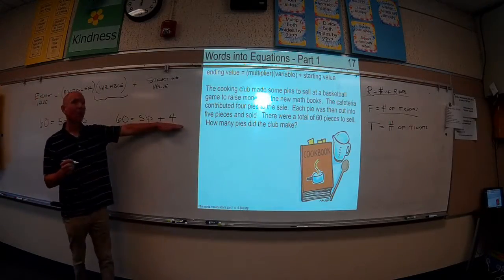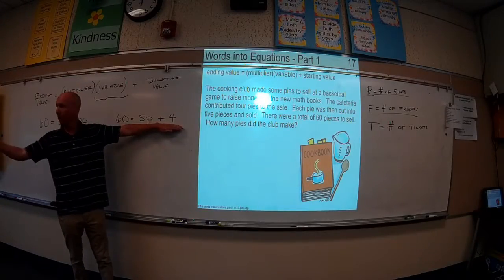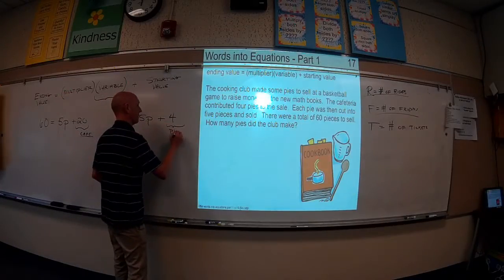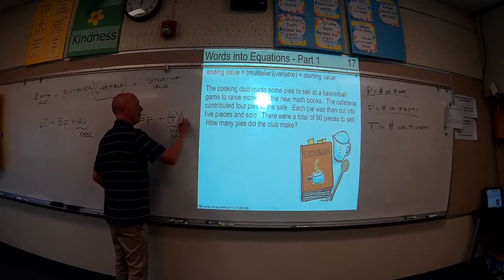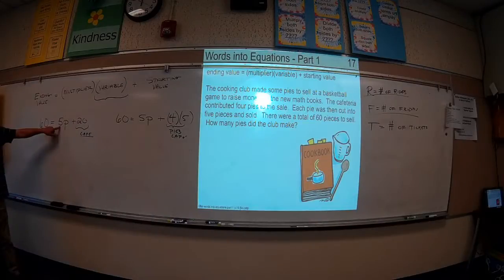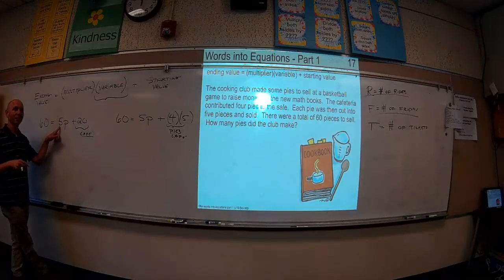This one right here, what would this represent? Even though this equation is incorrect, what does this represent? The number of pies. This is the pies from the cafeteria, which I need to multiply by 5 to turn into pieces. What does this 5 represent? The number of pieces of pie that you can get from your club.